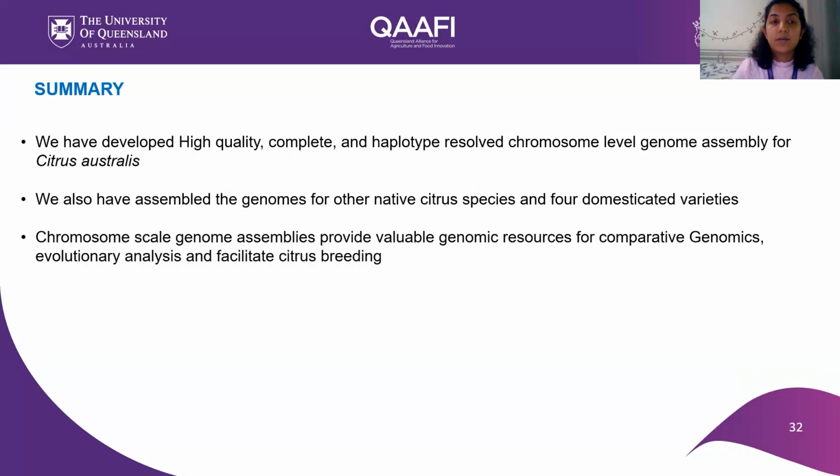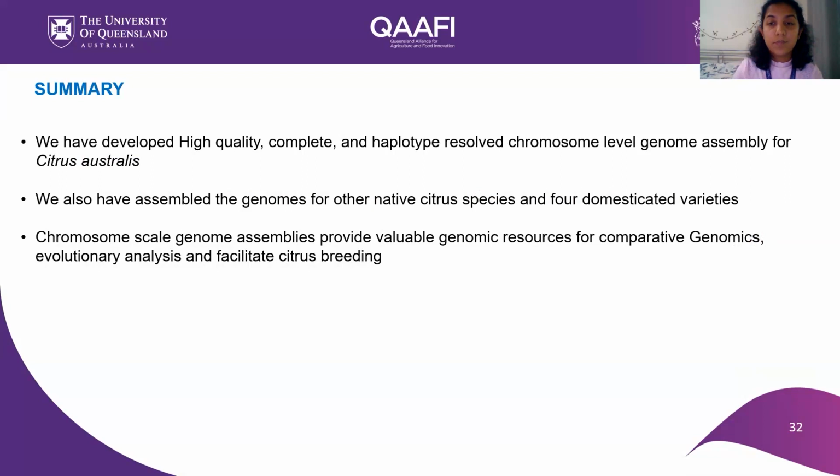So here, for the first time, we have developed a high quality, complete, and haplotype resolved chromosome level genome assembly for Citrus australis, and it reveals important genes conferring resistance to diseases and other fruit quality traits as well. So we are trying to assemble the genomes for the other native and for domesticated varieties.